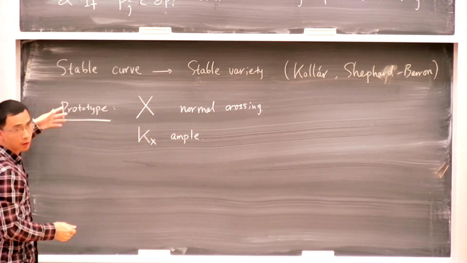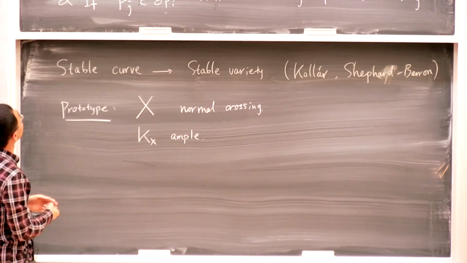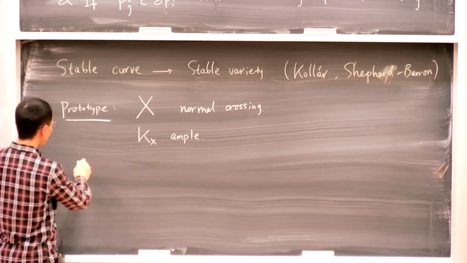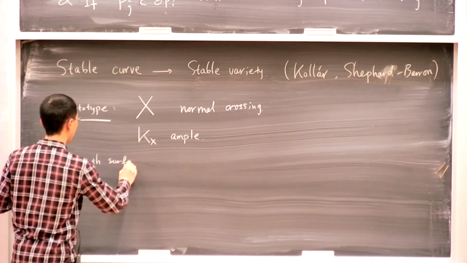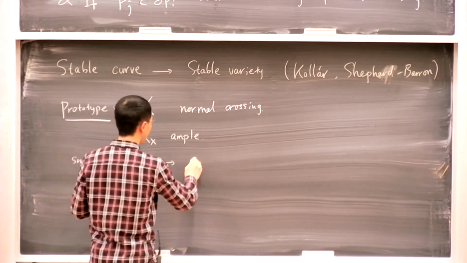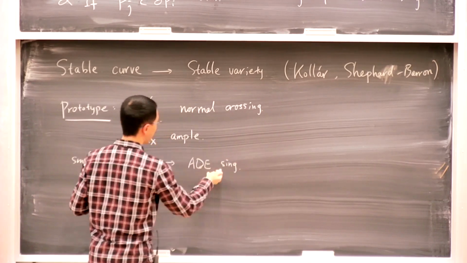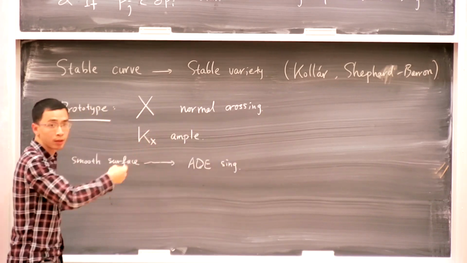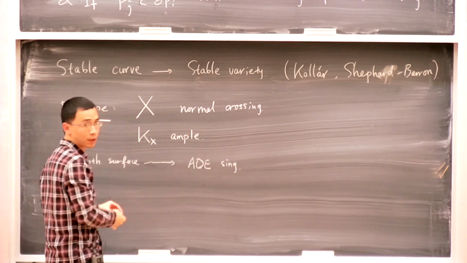Of course, this is not enough if you want to compactify the moduli space, because for instance, you can have a smooth surface degenerating into something with ADE singularity. But of course, an ADE singularity is not normal crossing anymore. So if you want to compactify the moduli space, you'd better add this kind of stuff as well.